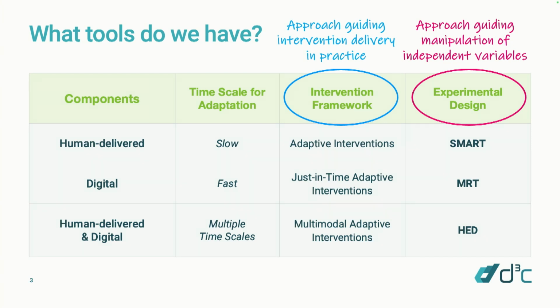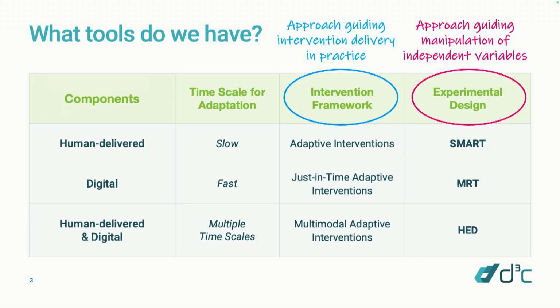Distinction between an intervention delivery framework and an experimental design. We already know the difference between the two, but I want to emphasize that all this, adaptive interventions, JEDIs, multimodal adaptive interventions, these are intervention designs, intervention delivery frameworks, no randomizations.